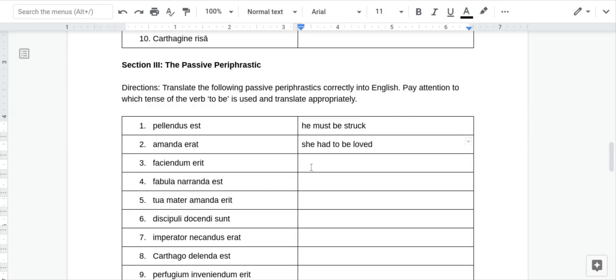And then number 3. Here you have the -um ending. As you can see, I did all the different genders for 1, 2, and 3, and all different tenses of the verb to be. So number 3, faciendum erit, the -um would create "it." It will have to be made or done.